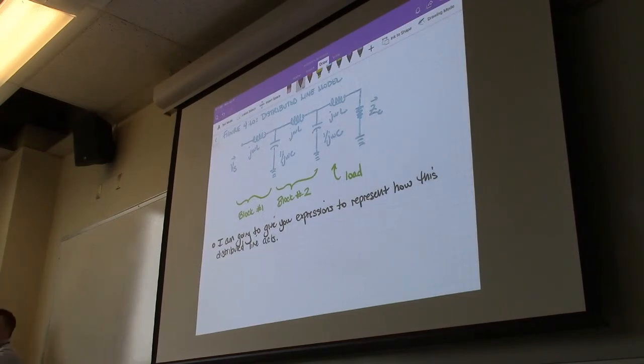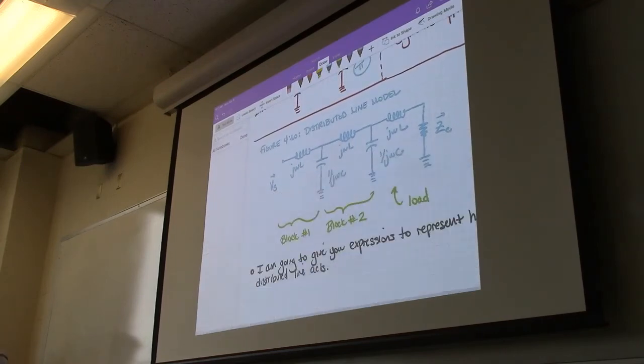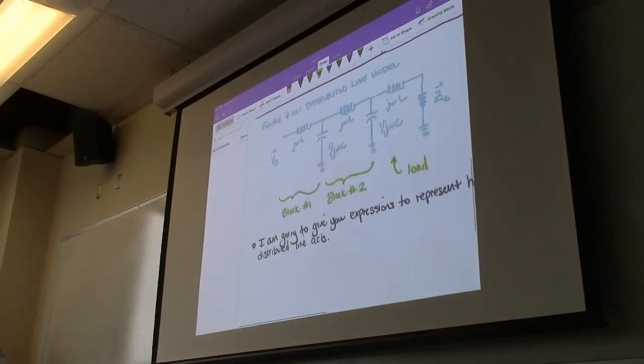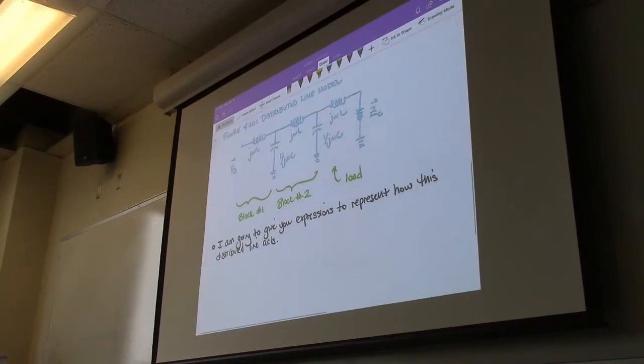So I'm going to give you expressions that describe how this distributed line acts. This is one of the things that, if we had time to go into chapter 4 more in depth, we'd derive, but we're not.